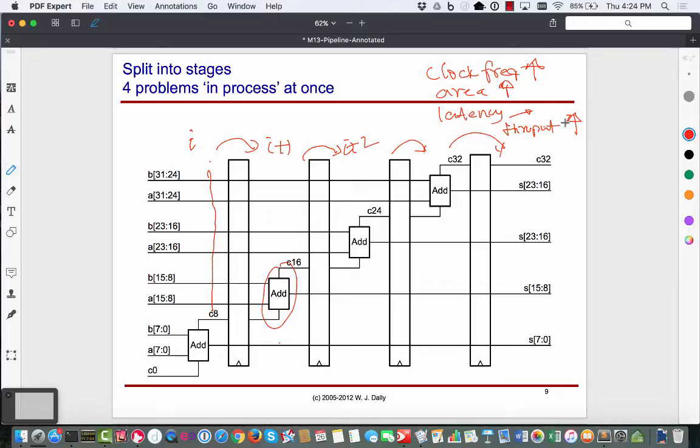So that's the set of trade-offs that we are seeing. And there's one final quantity, power. Power goes up because I'm doing a lot more work. But energy per operation remains the same. So in terms of how many joules I'm going to spend per operation will be the same. But since I'm doing more work per unit time, the power does go up. Okay, so that's what's happening.